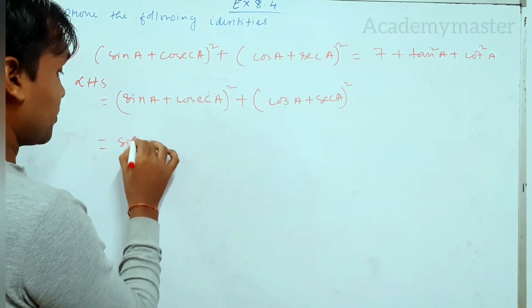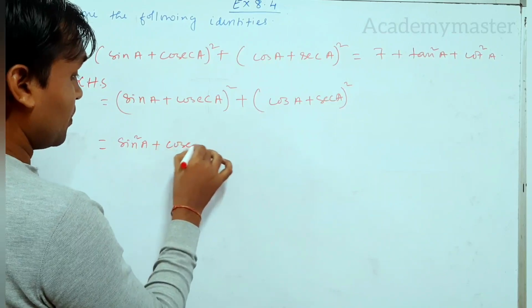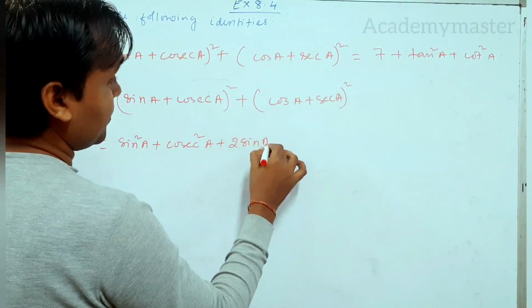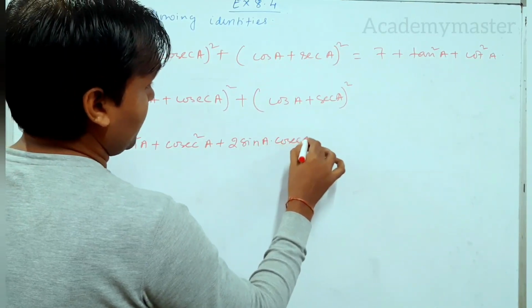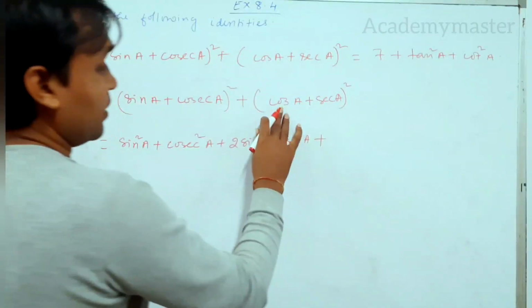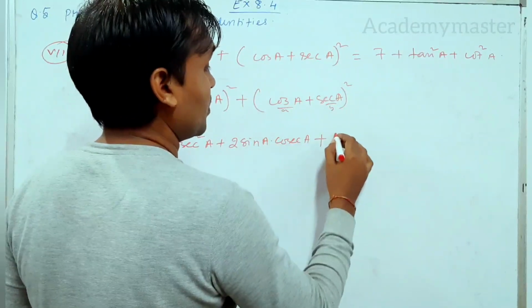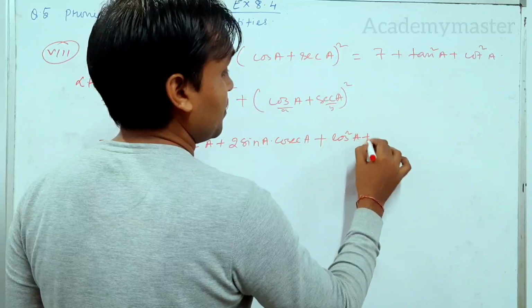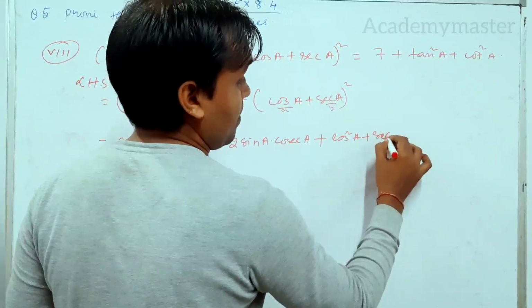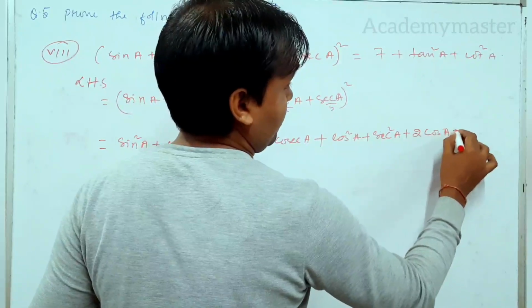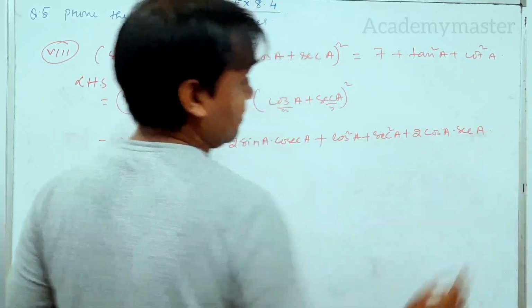So it will be sin square A plus cosec square A plus 2 sin A into cosec A. Similarly, here also we apply the formula, so it will be cos square A plus sec square A plus 2 cos A into sec A.